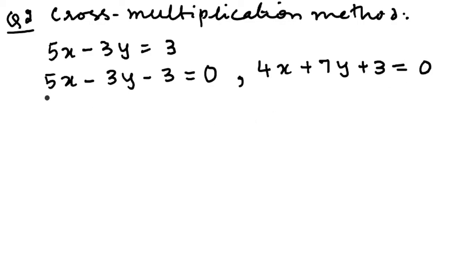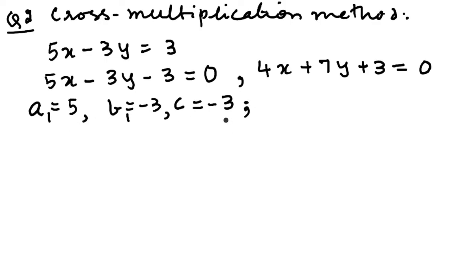So we have to take the coefficient of x, y and the constant as our values of a, b and c. So your a1 for the first equation will be this 5, b1 for this equation will be coefficient of y, which is minus 3, and c1 is going to be here minus 3.